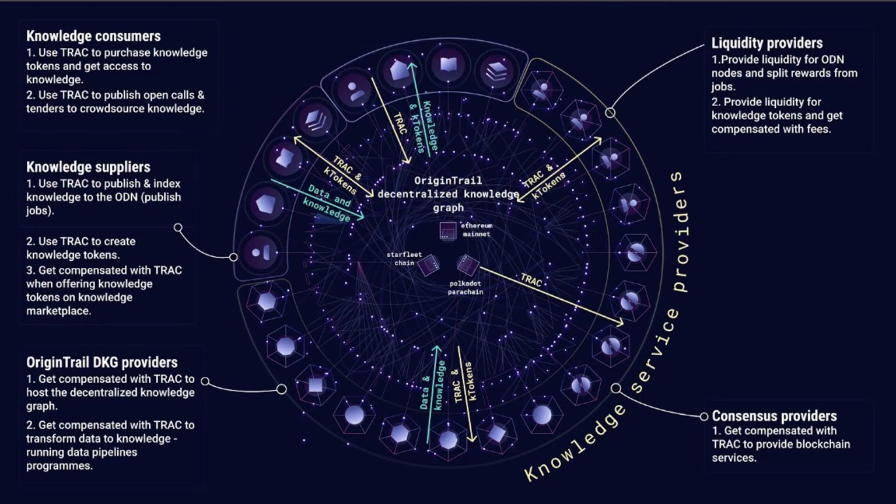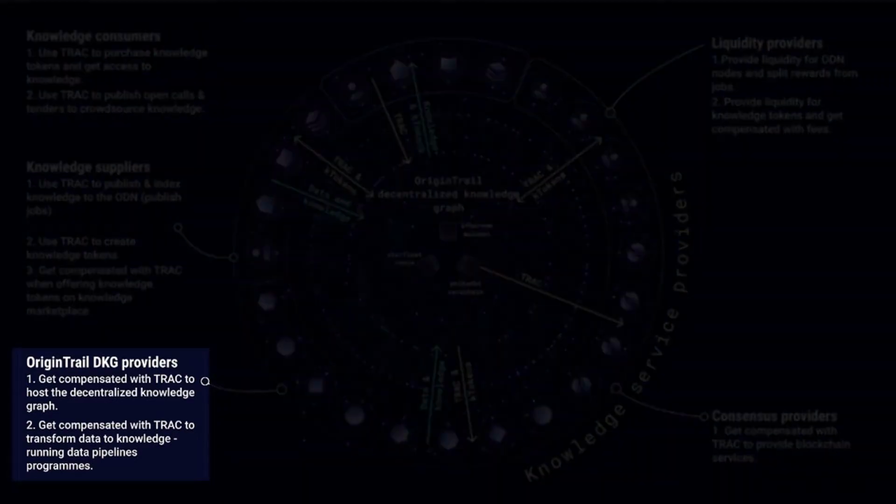Knowledge suppliers is not the only place that got some additional features. We do see some additional features under the OriginTrail DKG providers where 2, you get compensated with Track to transform data into knowledge running these data pipeline programs. We spoke about this when the OriginTrail nodes have access to the wider internet, basically turning the OriginTrail decentralized network into an Oracle service as well, which can be used to embed data into smart contracts.